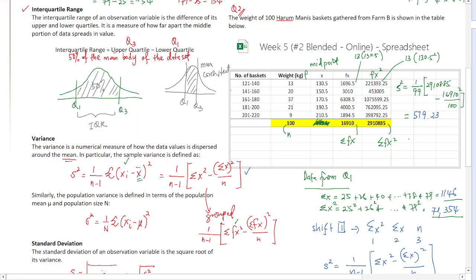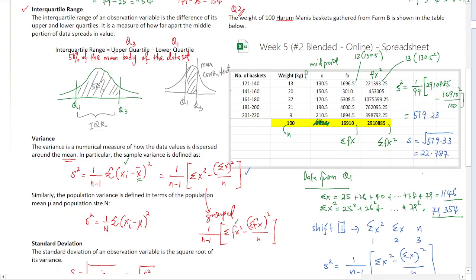And then to find the standard deviation, S is just simply taking the square root of 519.23. So this gives you 22.787.